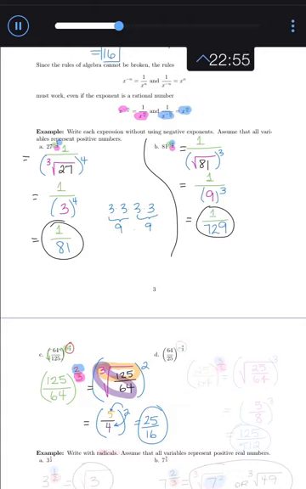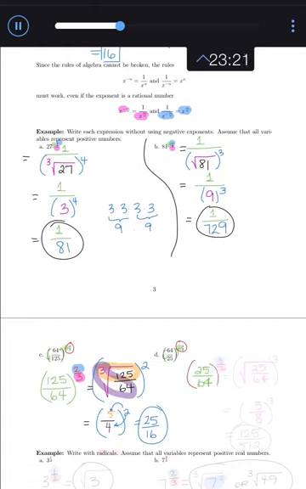In problem D, let's do the same exact tactic. Notice again we have a negative exponent on a fraction, so to get rid of the negative exponent, we can just get away with flipping the entire fraction upside down, which would get us 25 over 64. But by doing so, that makes our negative exponent a positive exponent.